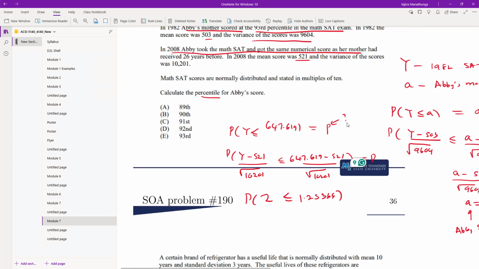So this implies P equals 0.89501. So basically 90% of the time, because it's more than 89%.